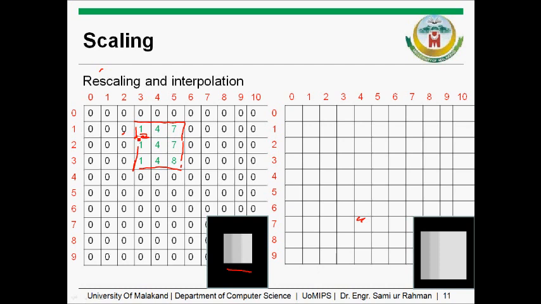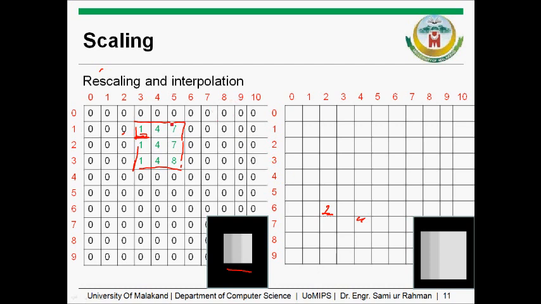So after rescaling by a factor of 2, the position for this pixel will be 2 and 6. Okay, so this is 2 and this is 6. I can take the value as 1, because here it was 1, so here I'm taking 1.